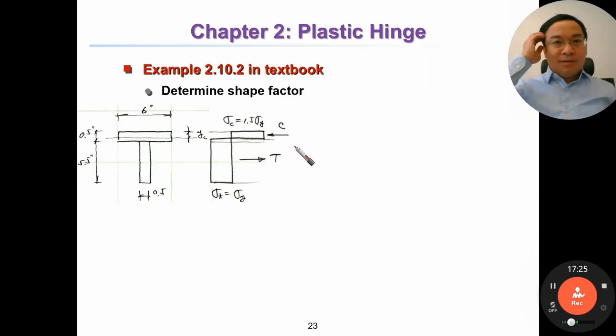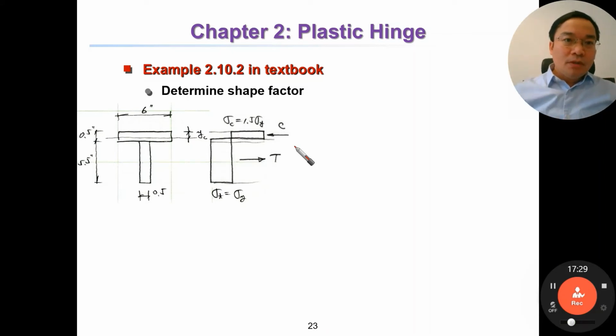Okay, now I'm going to show you one more example on how to determine the shape factor of arbitrary section like this. So let's say here is T section. T section. We have all dimension here. Okay, all dimension with T section. And be careful here on the tension. Sigma compression equal to 1.5 sigma y.